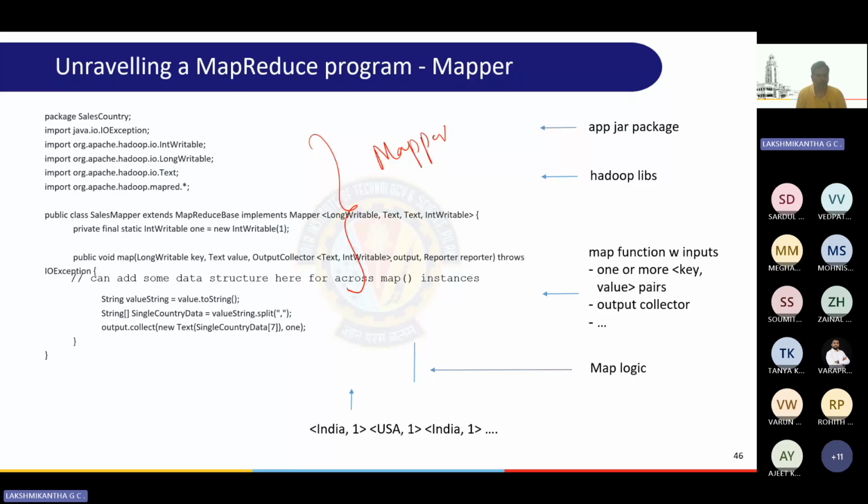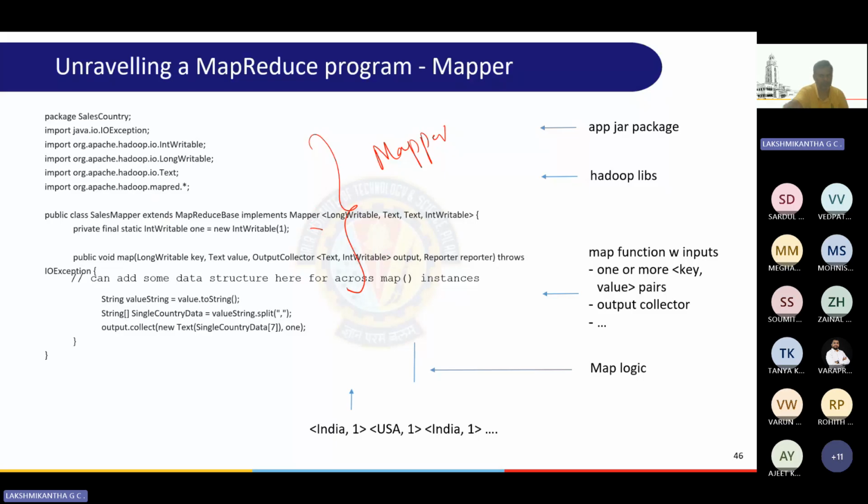The core of the mapper is the map function. This function takes the input key-value pair and produces one or more intermediate key-value pairs.